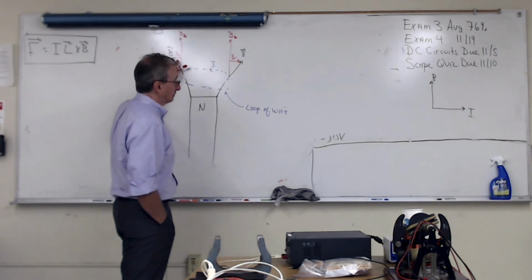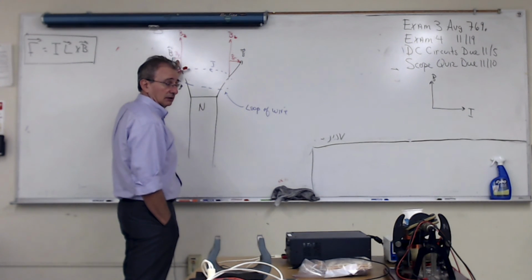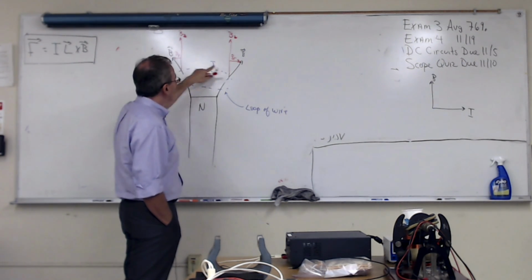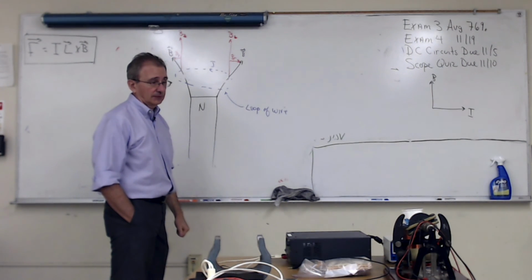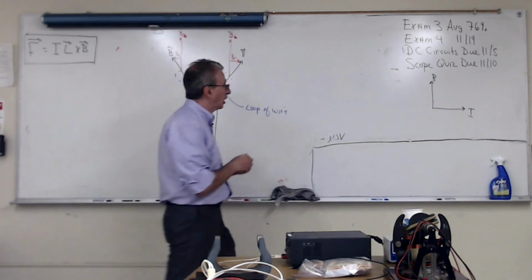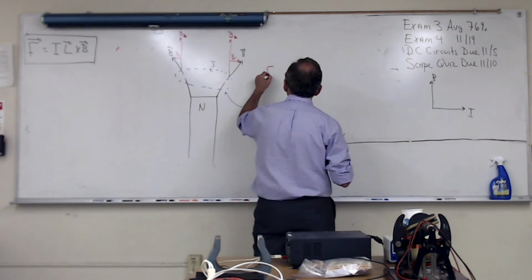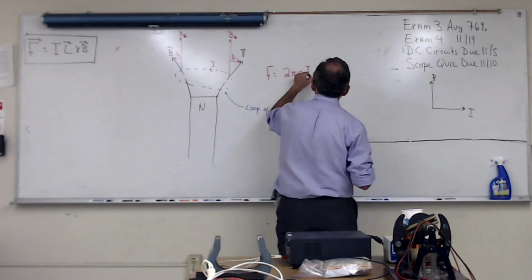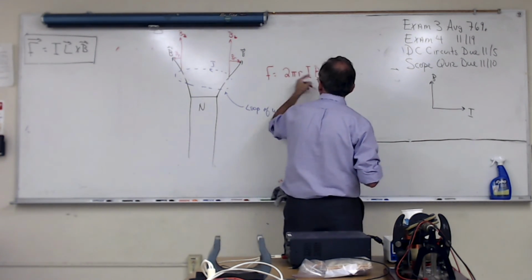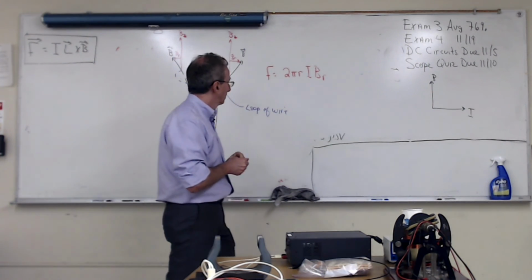And this component will contribute to the total force. You can easily show that the force on it is going to be 2 pi r times I times B sub r, where B sub r is the radial component.